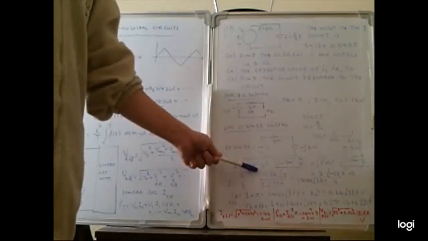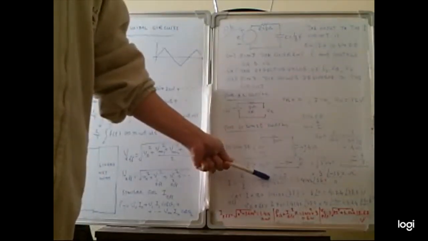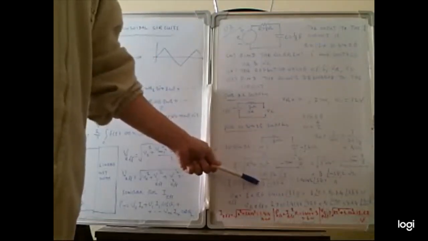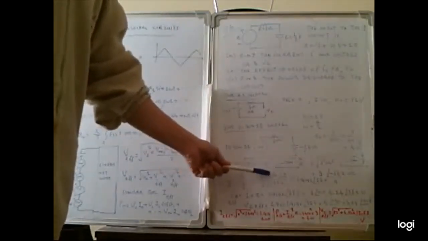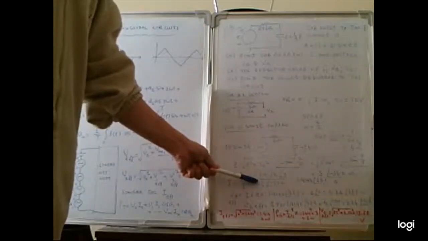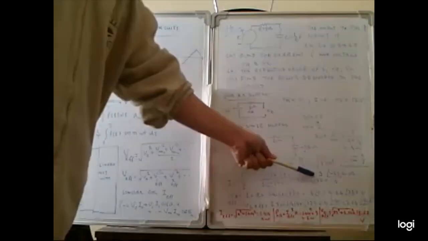The voltage of 10 is the maximum voltage, so the effective value is 10 divided by root 2 angle 0. The impedance is 5 angle minus 53.2. Solving this, we get 1.414 angle 53.2 amperes.